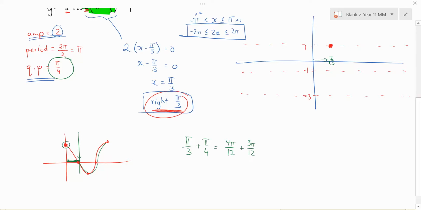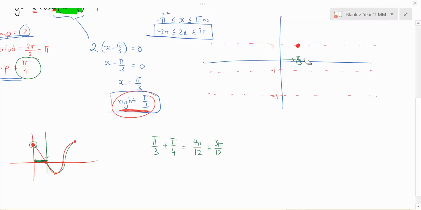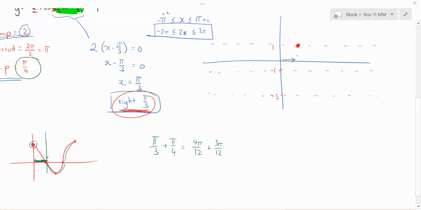Okay, so that means instead of writing pi on 3 here, I'm just going to fix this point because it makes it easy if you keep it all in 12s now. So if I just fix this, the quarter cycle now is at 4 pi on 12, which is technically pi on 3 to the right. To get to the next one, I need to add 3 pi on 12.